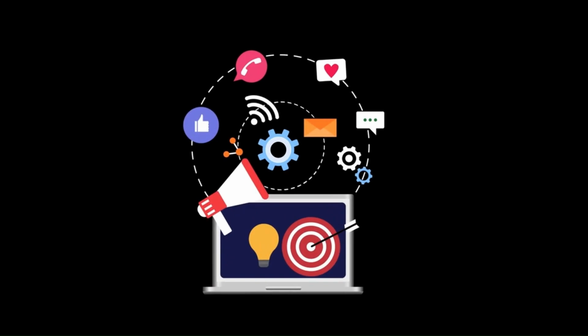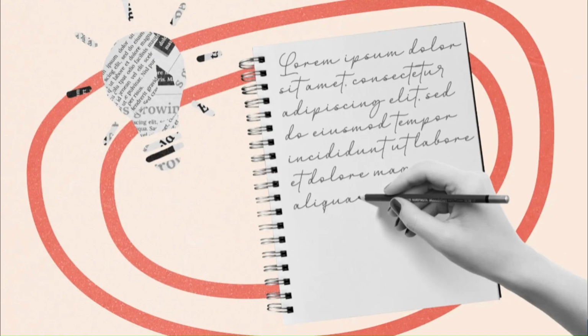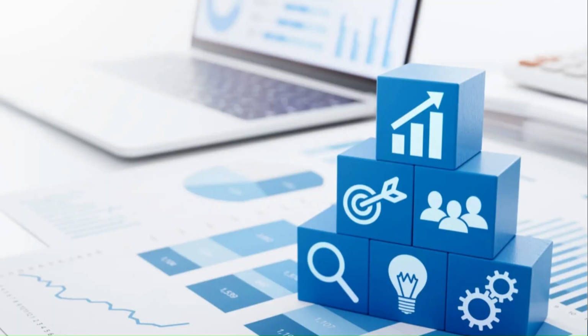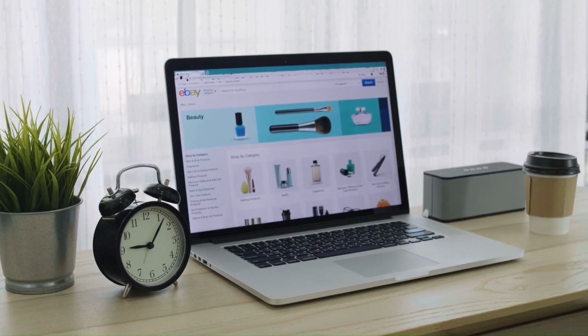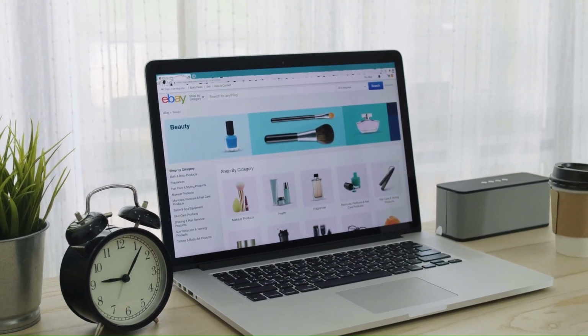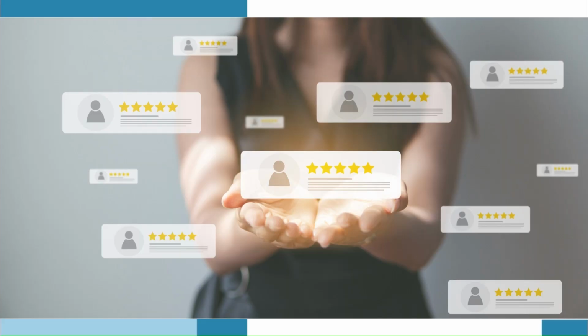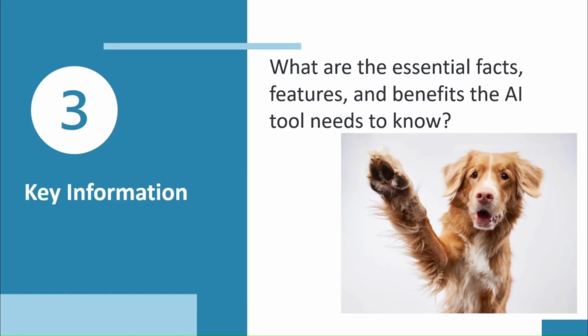If you have copy points you would like to include, list them here. Do you have existing content or data you would like the AI tool to reference, such as a website or past marketing materials, socials? You can even provide data such as customer reviews for the AI to analyze and maybe identify and recommend common phrases that could be included in the marketing messages.